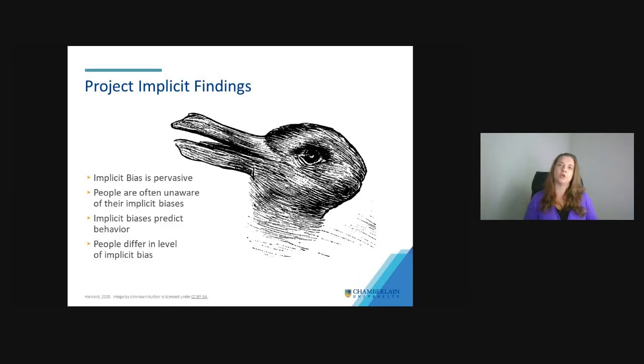But I just think it's a great innocent illustration of how your mind can take these shortcuts. And when you stop and think about it, you say, okay, I can see the rabbit face on the right side with the ears to the left, but when you tell me, I can see the bird's beak on the left and his head on the right. So the same goes for social unconscious biases.